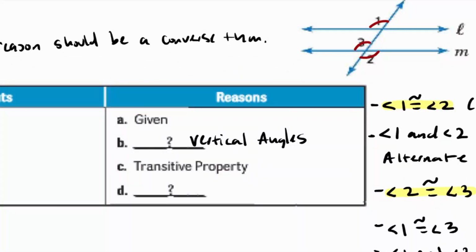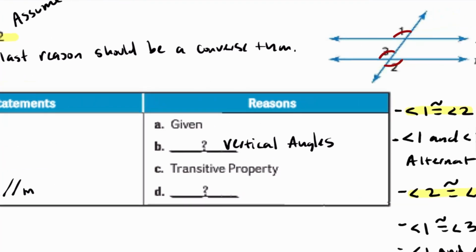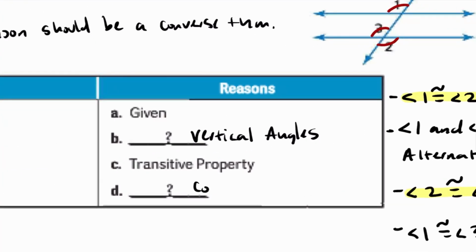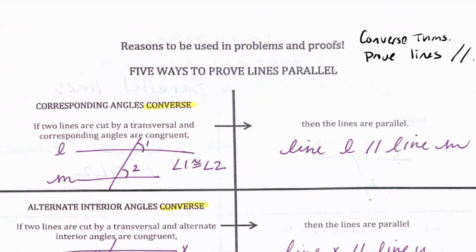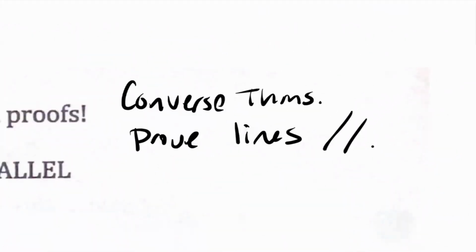So my reason for that is corresponding angles converse. You need to write converse because remember, the converse theorems prove lines parallel. And I made a note right there, and you should too, as a reference.